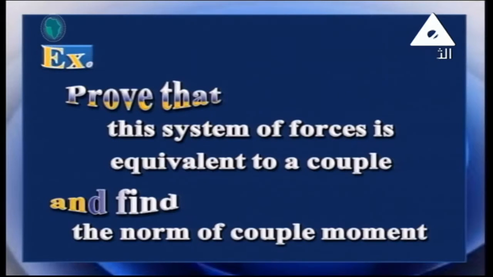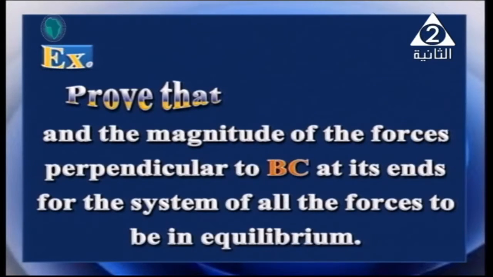My dear student, remember we have an isosceles triangle and the required is to prove that the system of forces is equivalent to a couple. After that, find the norm of the couple moment. Then prove that the magnitude of the forces perpendicular to BC and at its ends for the system of all the forces to be in equilibrium. Solution.